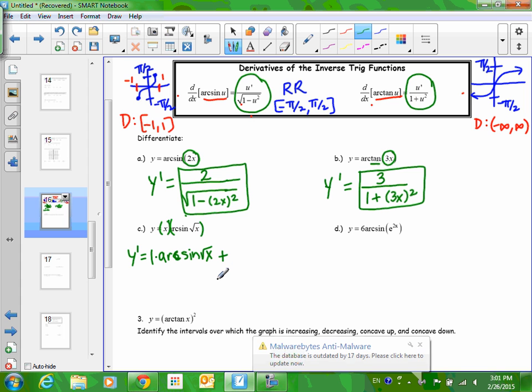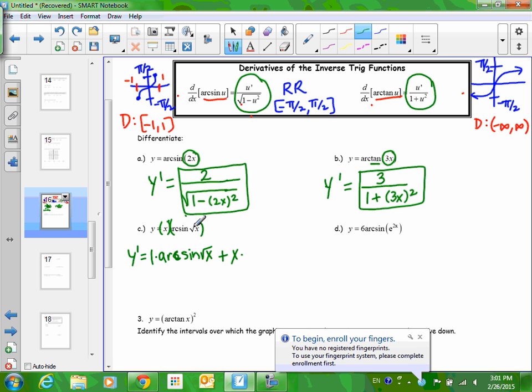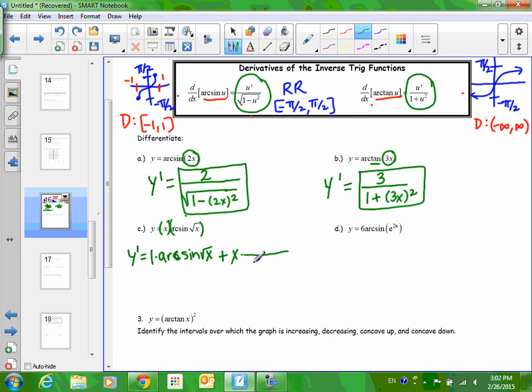Okay, plus. Now we just write x, and we do derivative of arc sine of square root of x. So this is going to be a fraction. What's going to go in the numerator? Yeah. The derivative of square root of x, which is the same as x to the 1/2, is 1/2 x to the negative 1/2.